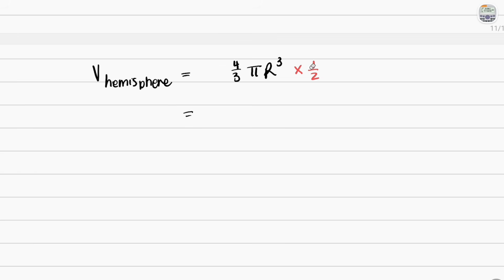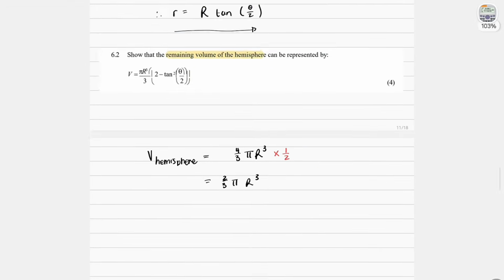If you multiply, 4 times 1 is 4, 3 times 2 is 6, and they both have a common factor of 2. So this is 2 over 3, and we get 2 over 3 pi radius cubed.